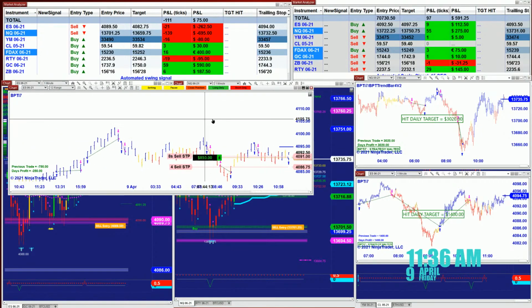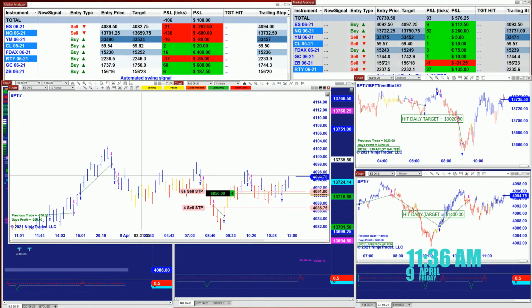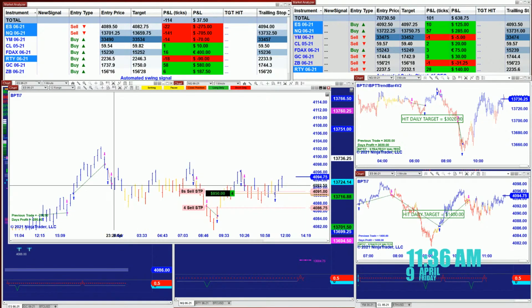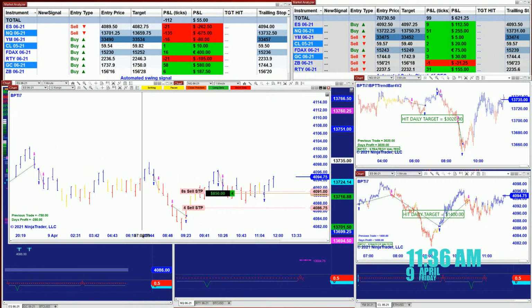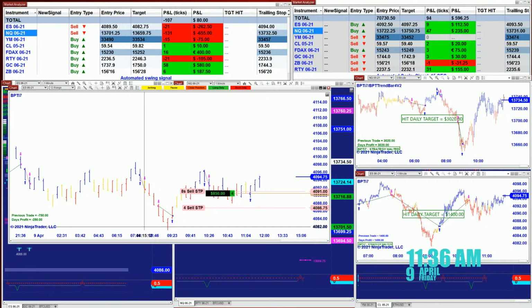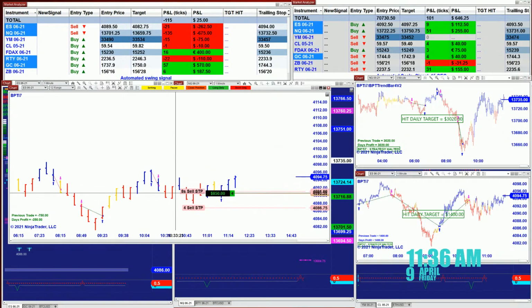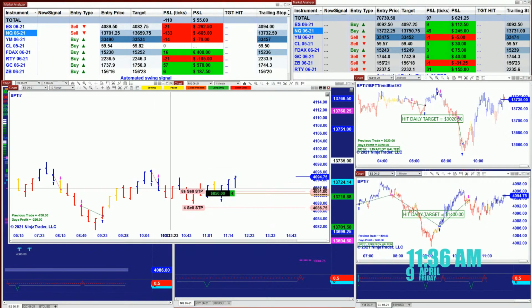But what is nice about it on the 12 range or 11, when we got into this chop right there, we only had one losing trade.